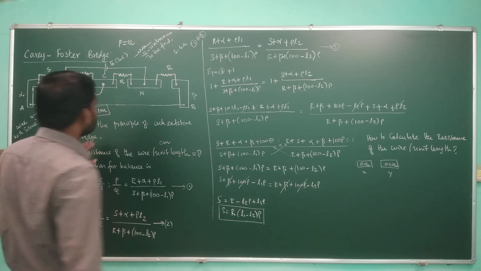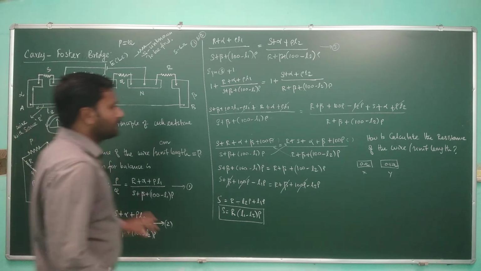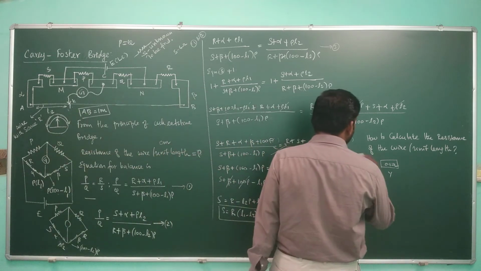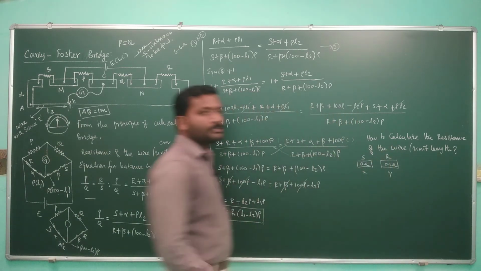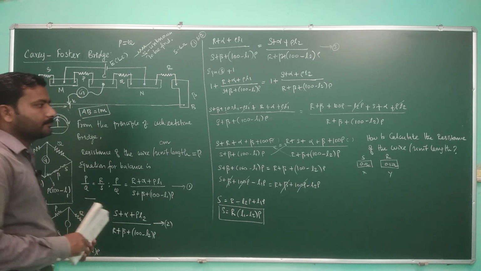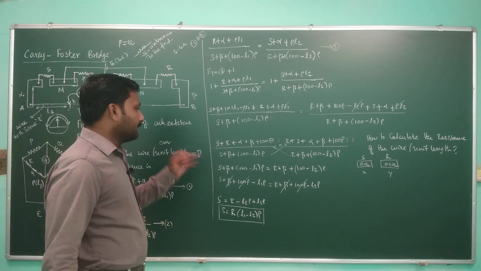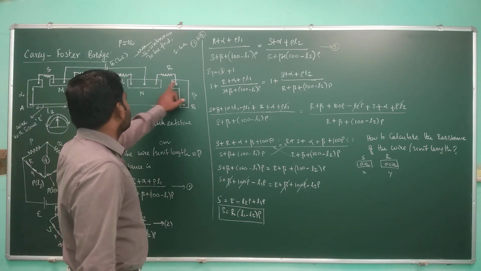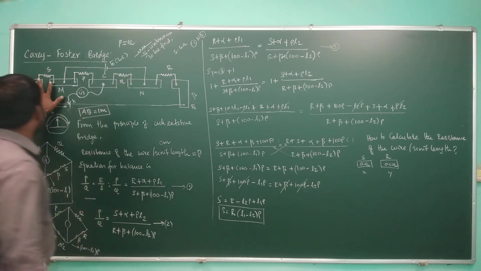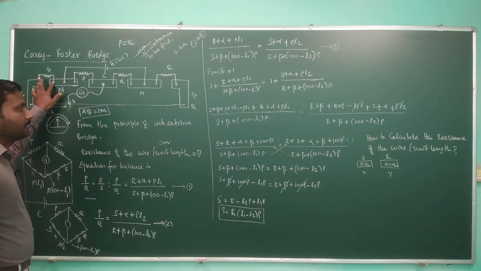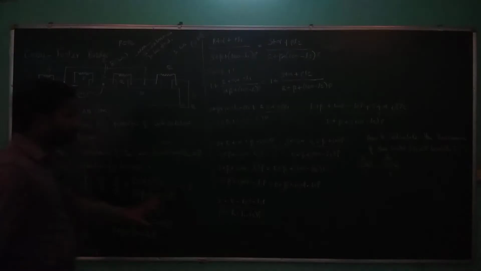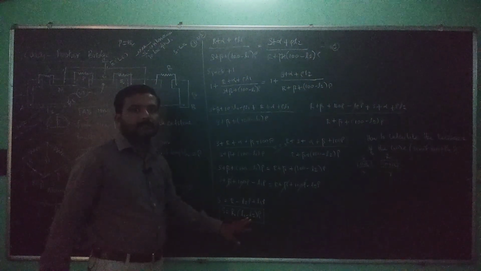Now what we can do is place this in the position of X, this in the position of R, right? In that case, you short this and you place this 0.1 resistance here. You find the value L1.